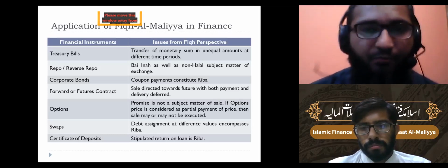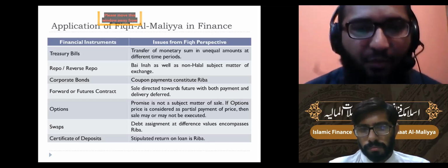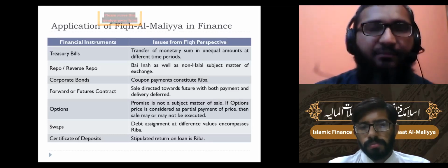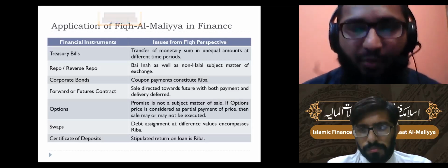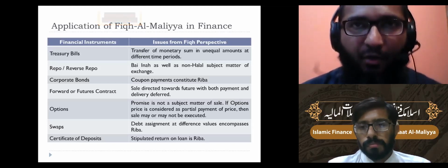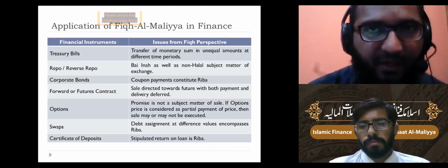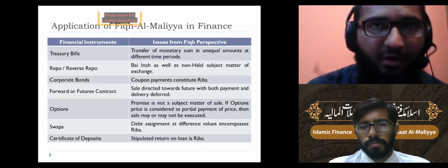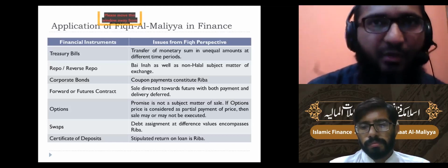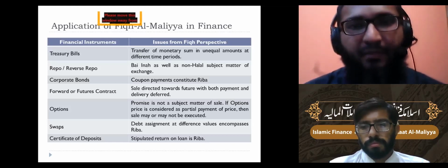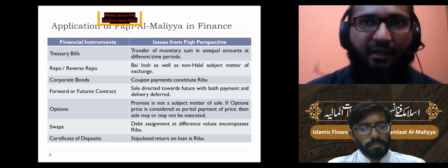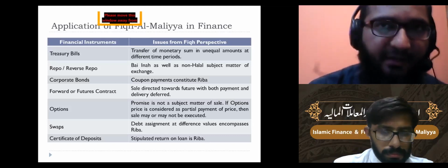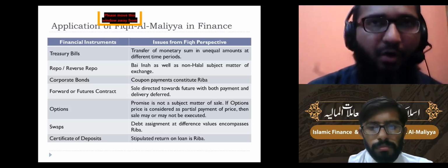So when we look for a match between Islamic finance and Fiqhul Malia, my understanding is that first of all, we need to have a very good grasp of what is Fiqhul Malia. And then we also need to see what are the different financial transactions, contracts and instruments that we come across in contemporary times. And then we have to make a comparison and see how these principles are applied or misapplied or not applied.